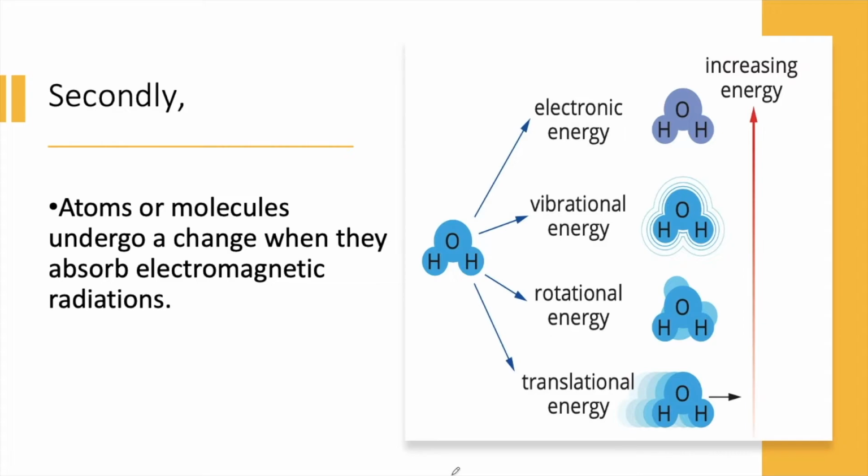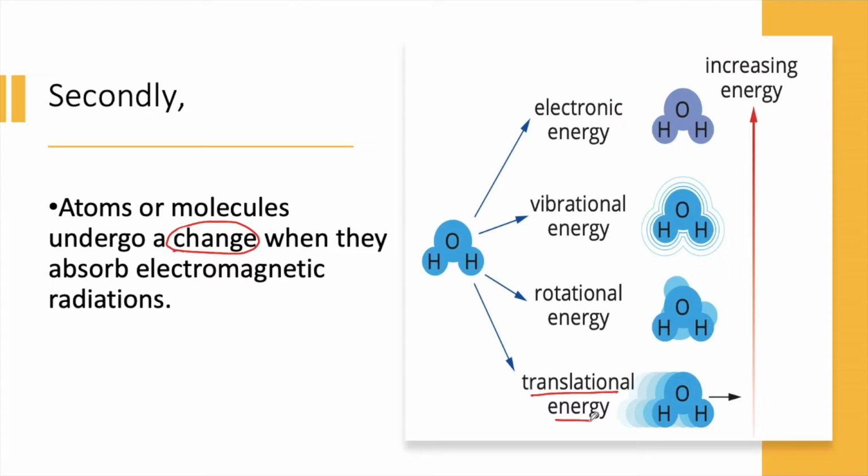Secondly, atoms or molecules undergo a change when they are made to interact with electromagnetic radiations. What type of change can take place? As you can see here, we have the translational energy.